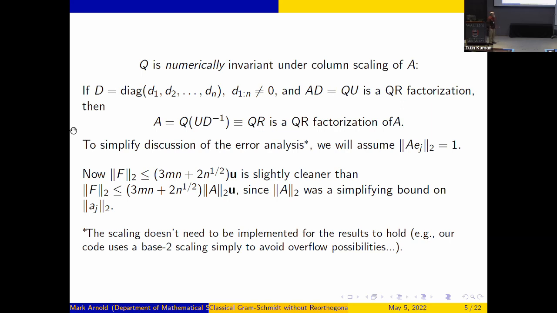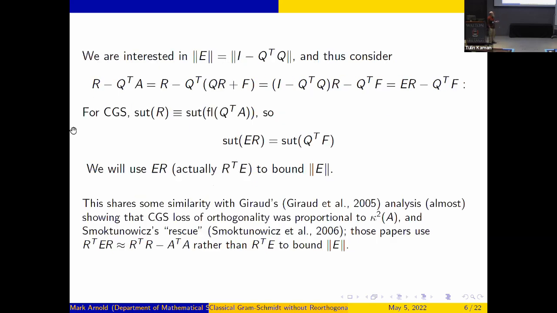I can make the error analysis slightly cleaner here if the columns of A have unit 2 norm, because the 2 norm of A was just standing in for the largest 2 norm of a column of A. So one advantage to this assumption of scaling is that it simplifies this error analysis a little bit.